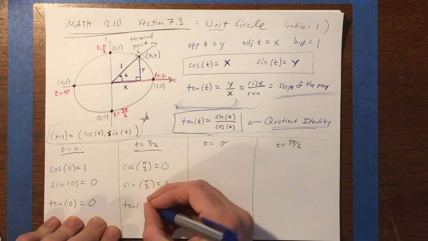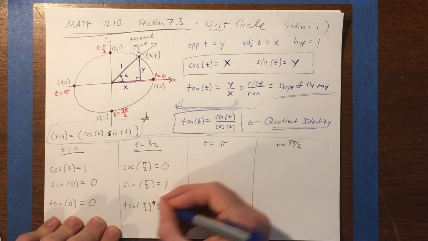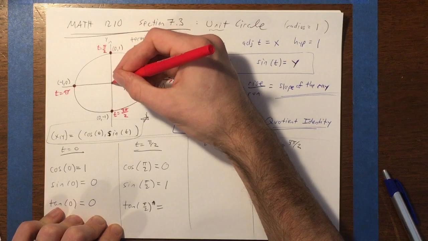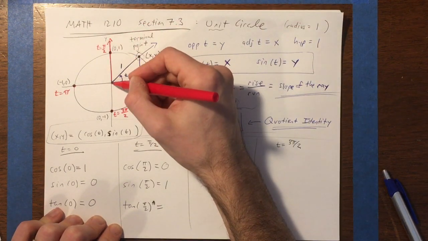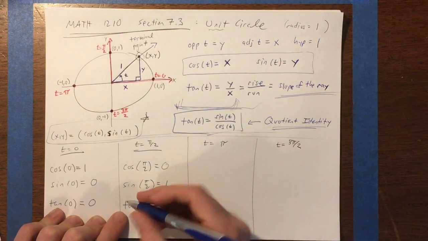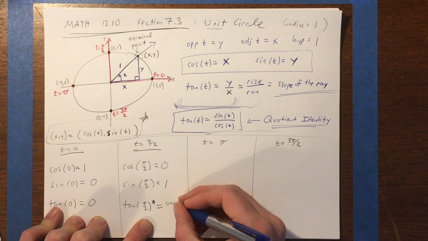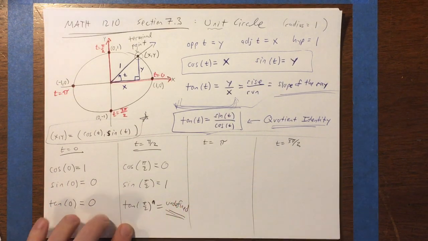And tangent of pi over 2 is the slope of that ray, and up here, the ray passing through that point is a vertical line. That's an undefined slope. And indeed, tangent of pi over 2 is undefined.